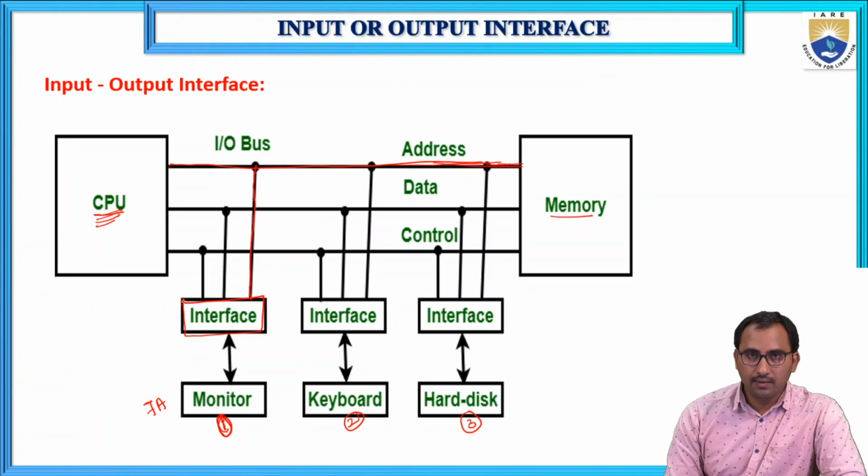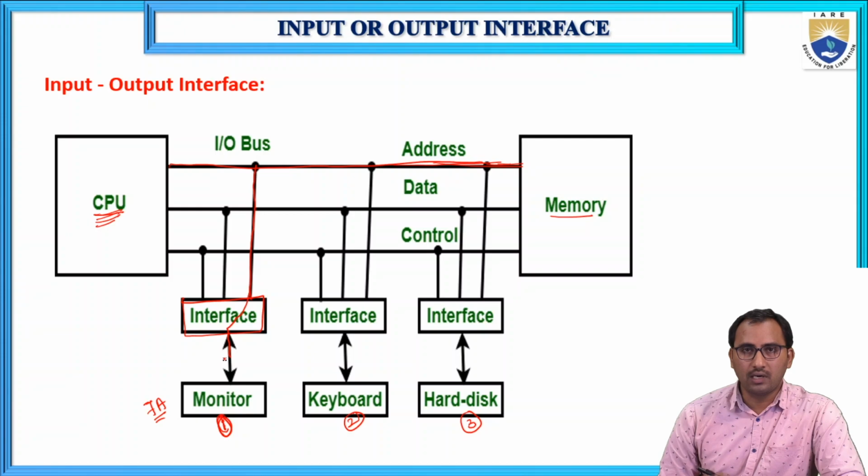Whenever the CPU generated address matches the address of the IO device, the interfacing circuit will make a path from the CPU to the monitor in order to transfer the information.